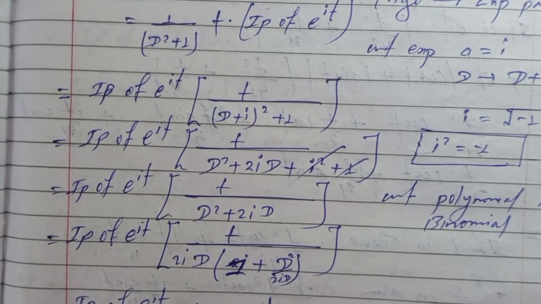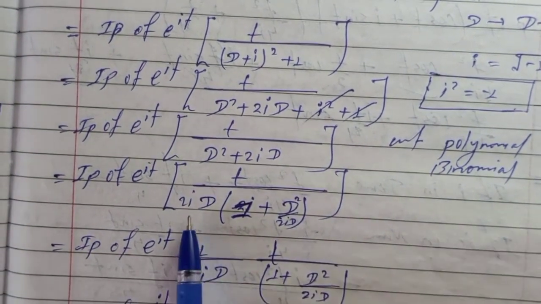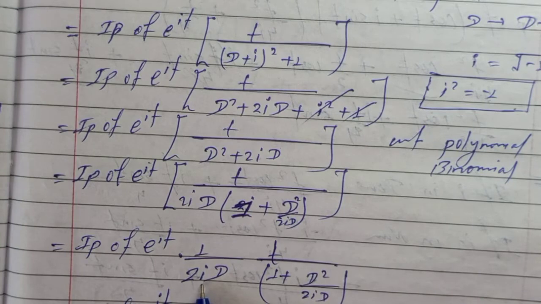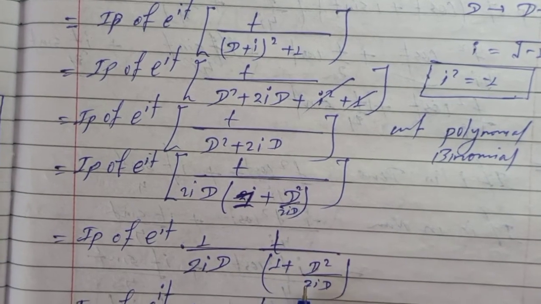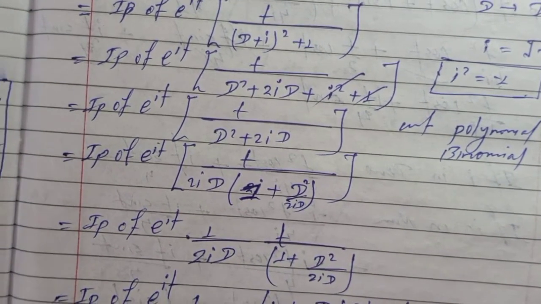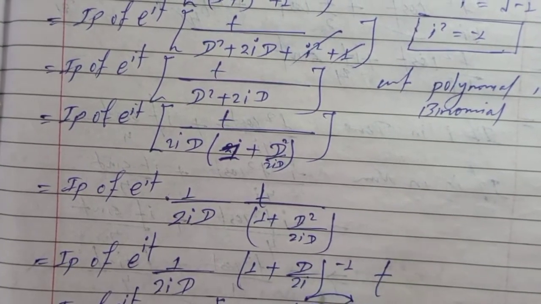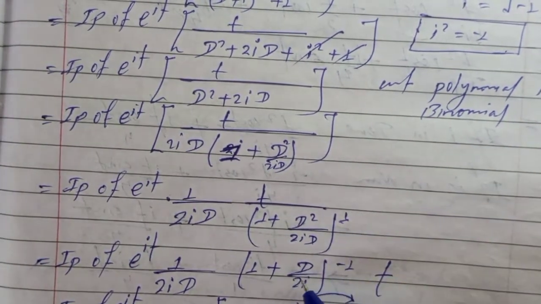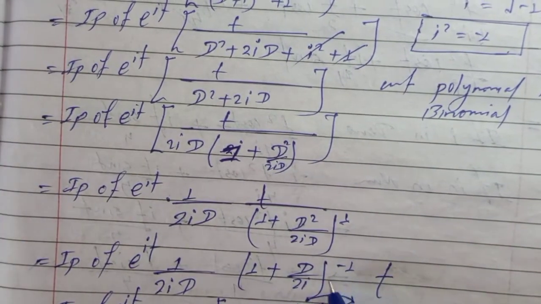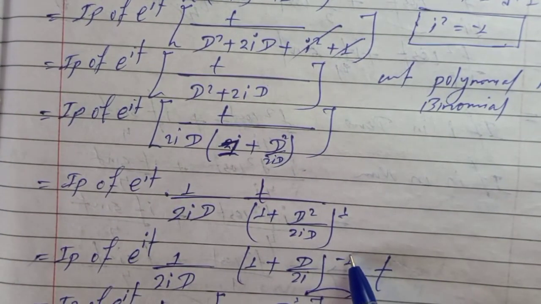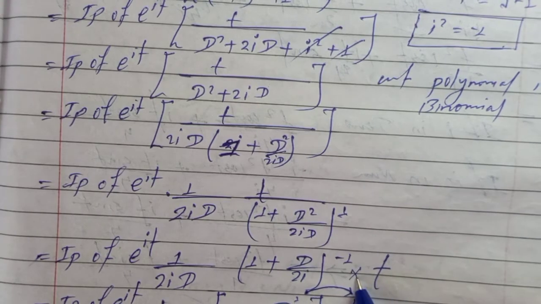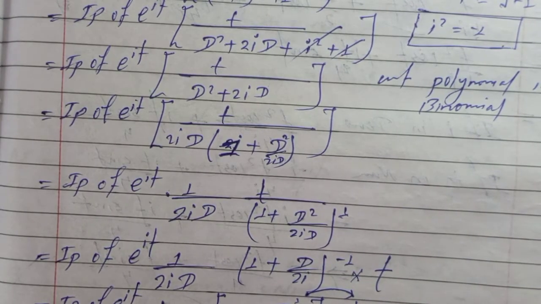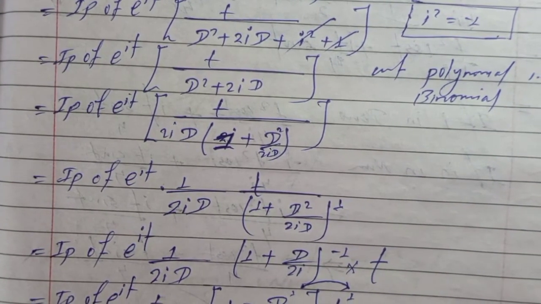I'm solving. We're going to get up to here. So we have taken this common 1 by 2iD. t divided by 1 plus D squared by 2iD, where if we cancel D, we're going to get just D on the numerator, and downside there is a positive power, and if we shift it to the numerator, then the power is reversed, so it becomes minus 1 and it is multiplied with t. Now it is in the numerator, and here we're going to use the binomial formula.